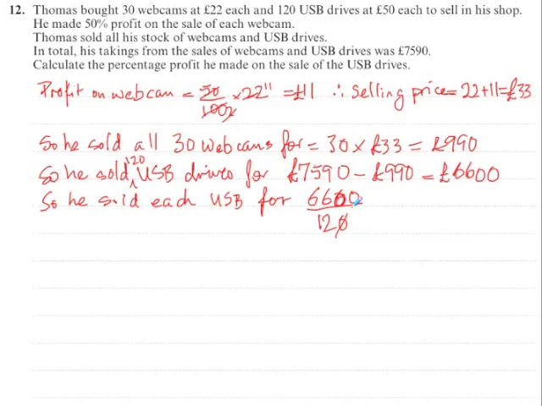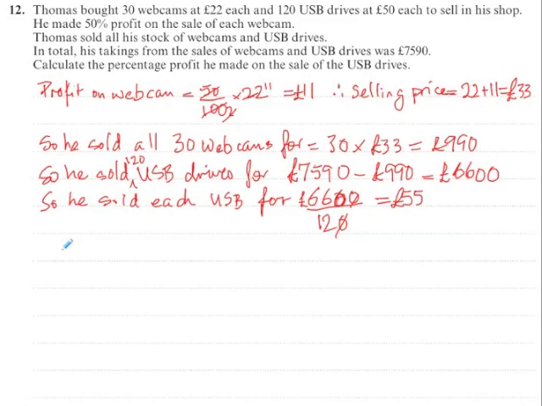So let's knock off the noughts. 12 into 60 goes 5, carry 6, which gives 60, so it's 55. That should be a pound there, so he sold each for £55.